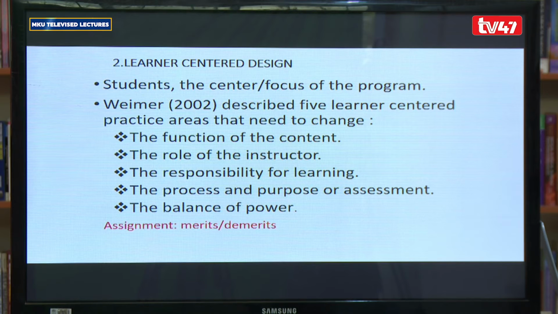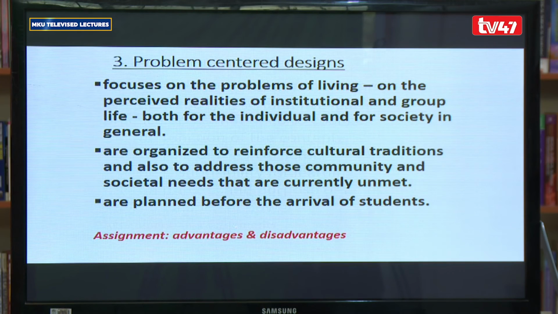The balance of power: assignments are given to the learner, and the question that I would ask is, what is the role of the learner in a learner-centered design?